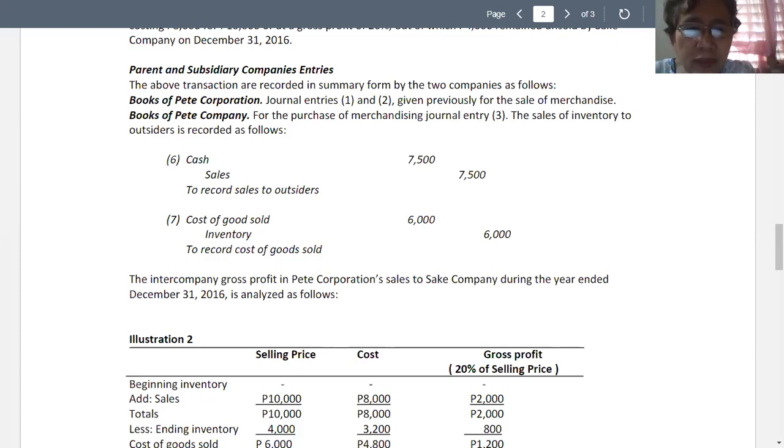The ending inventory times 80% cost is 3,200. Now, that involves an intercompany gross profit of 2,000. However, the ending inventory has a carrying unrealized profit of 800.